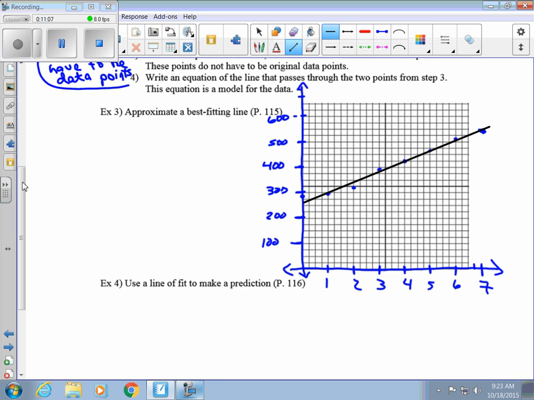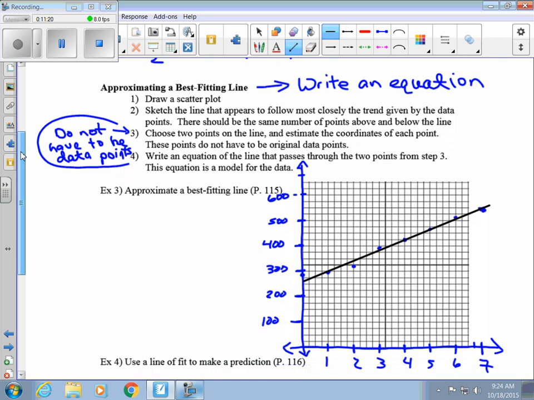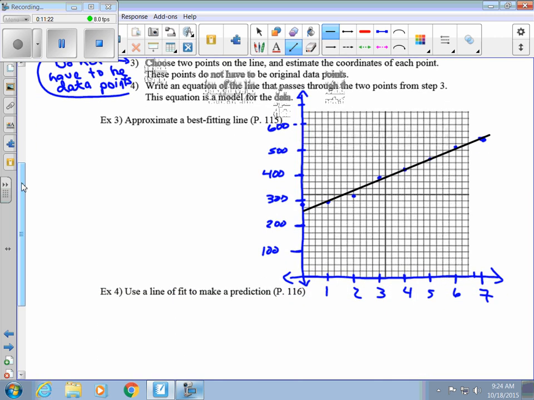If we look back at our steps, 1, we draw our scatter plot, check. 2, sketch the line that appears to follow most closely, same number above, same number below. There's step 2. 3, now we want to choose 2 points exactly on this line. And I'm going to pick 2 points that are not my data points. It looks like I'm going to pick right here, and that goes right through 1, 300.